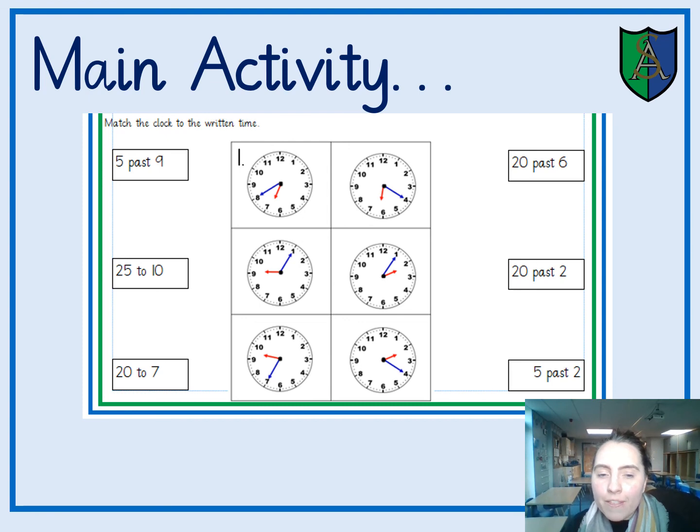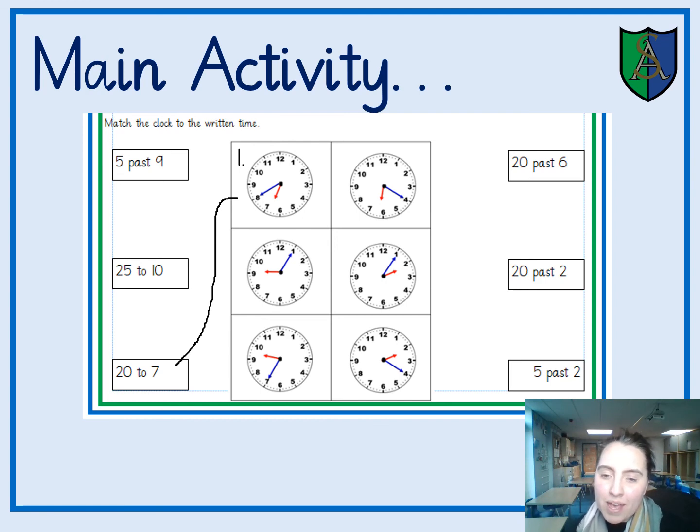So I know that this clock is showing 20 to 7. So I'm going to match it up to this one here, okay? So for each of the clocks, you will just draw a line to each and match them up as best you can, okay?